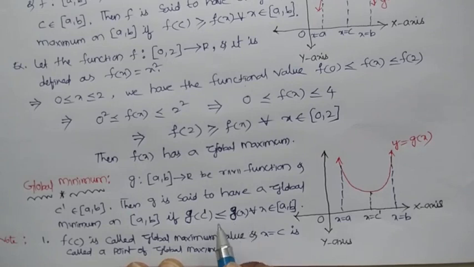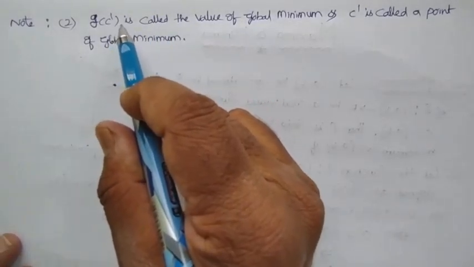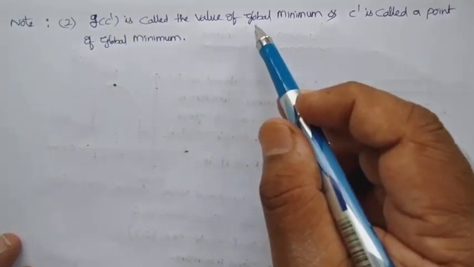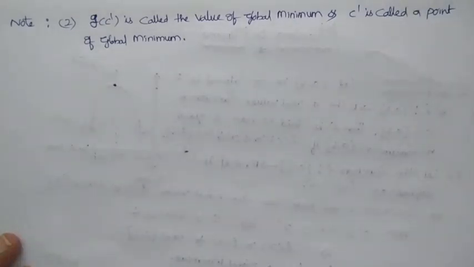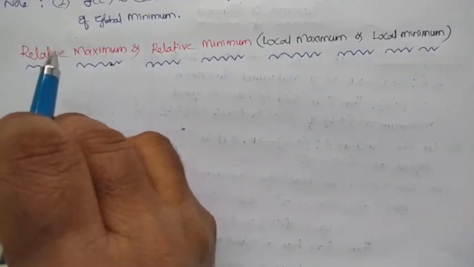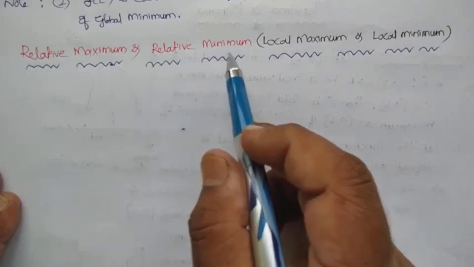Regarding this, we note that g of c dash is the value of the global minimum, and c dash is called a point of global minimum. Now we are going to learn about relative maximum and relative minimum.